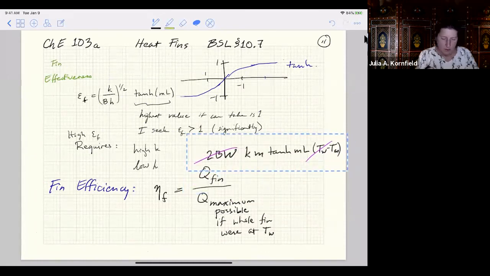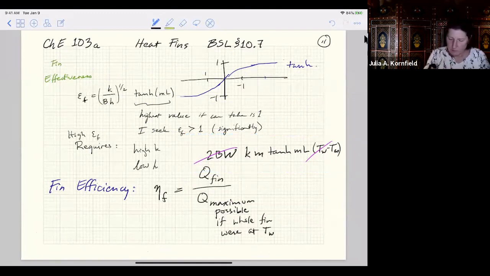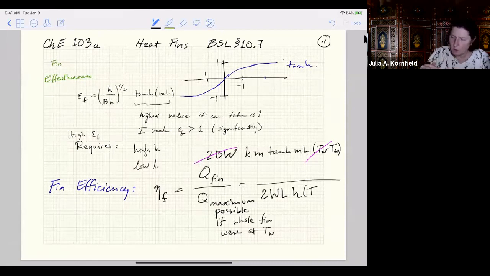So that's my numerator. And let's see, the denominator, maximum possible. That's the whole area of the fin. So we have 2 for top and bottom, width times length, total area, heat transfer coefficient, times if the whole area was at T wall, transferring energy to the surrounding fluid at T infinity.